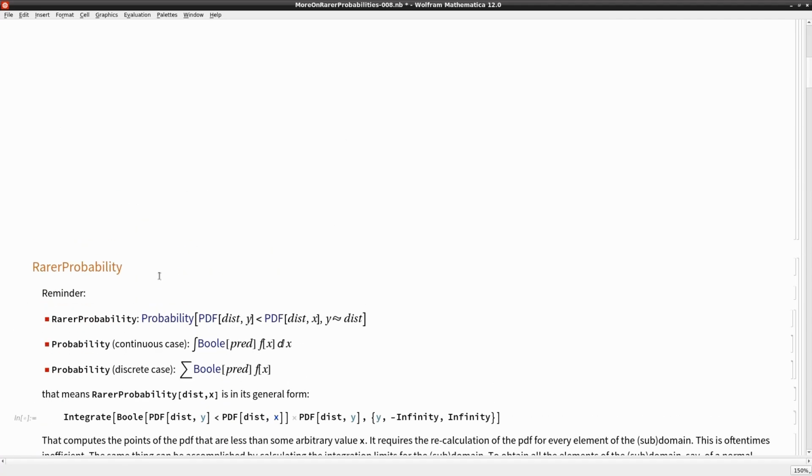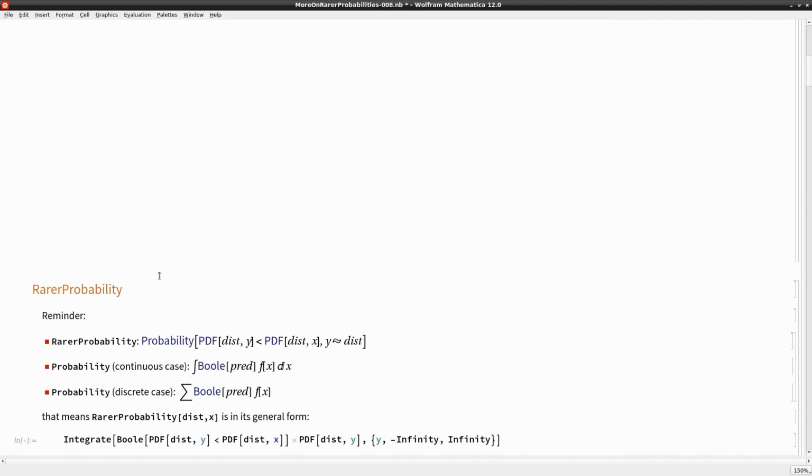We are starting with a reminder on rarer probability and probability. As you will remember from the last session, the rarer probability is the probability that the PDF of the distribution in the variable that we're integrating over is less than the PDF of the distribution using the independent variable.